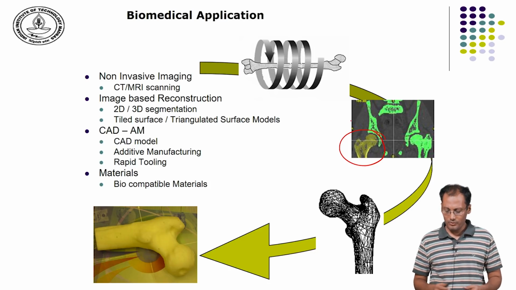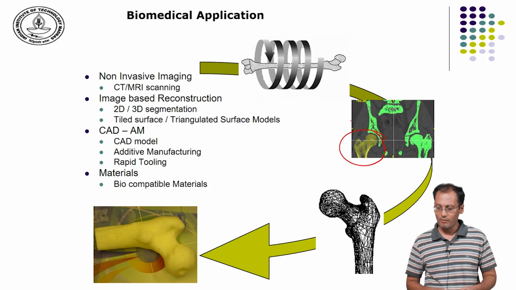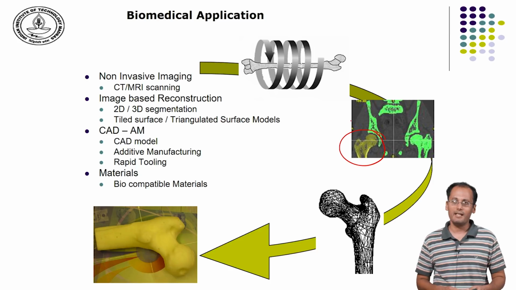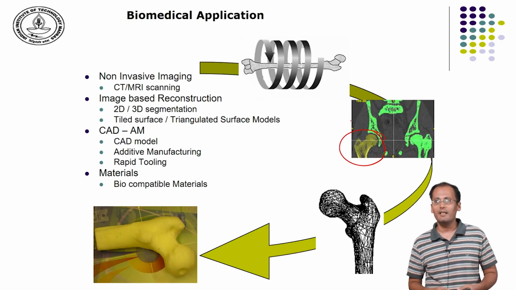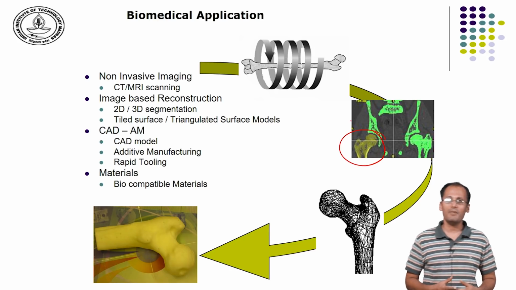So, I have shown a few challenges that are available when we want to use additive manufacturing as an enabler to the design. So, one of the challenges is mass customization.